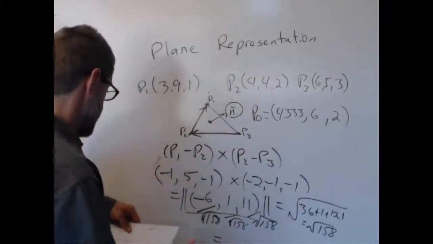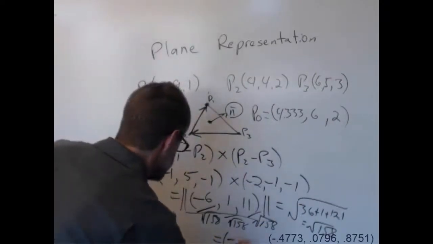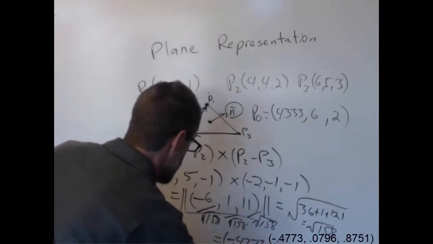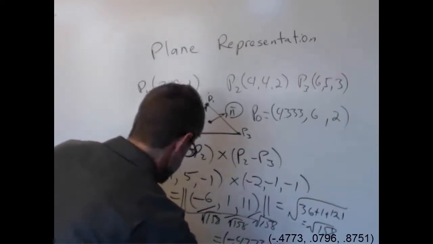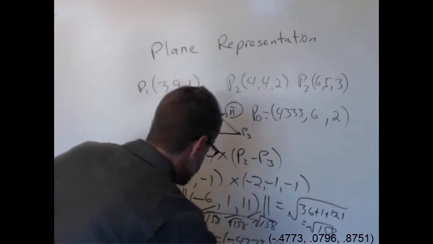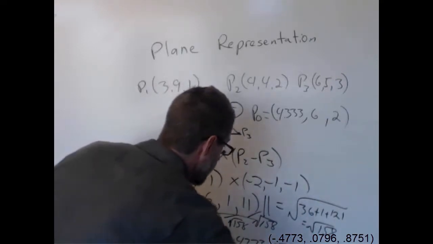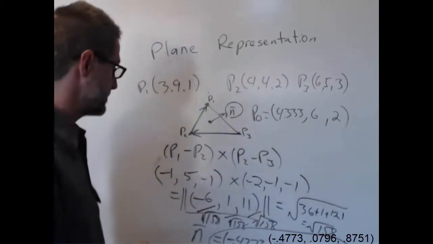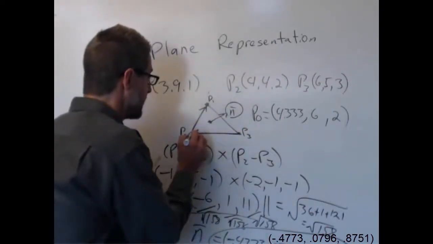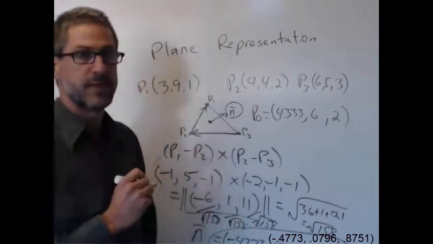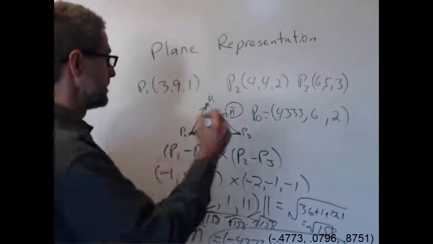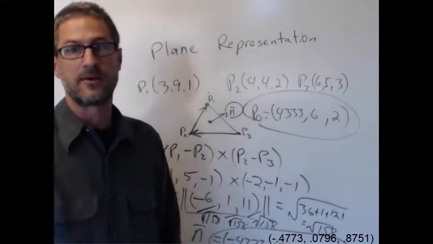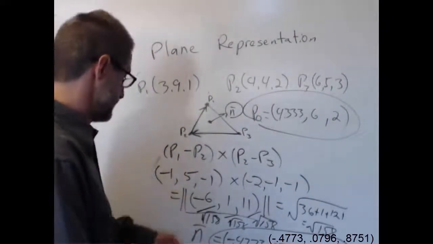And if I do that, I get minus 0.4773, 0.0796, and 0.8751. So there's our unit normal vector pointing exactly perpendicular to the plane we've defined. The plane is represented by the centroid and the unit normal, and that's all we need to represent that plane.